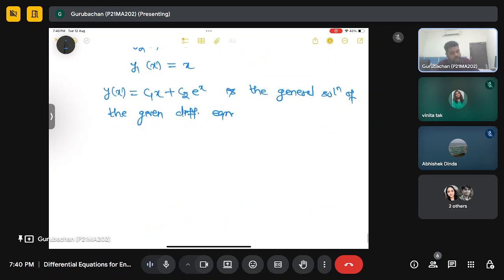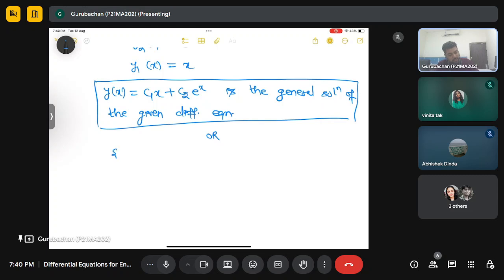Or in other words, I can say that x and e to the power x are the linearly independent solutions of the differential equation.